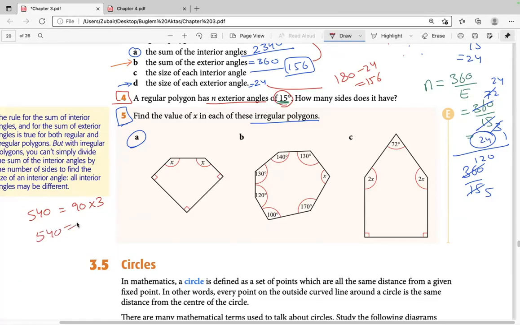I subtracted 270 from 540, which gave me 270 again, and I divided it by 2. 135. Yes, 135.